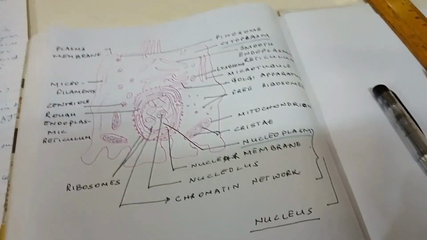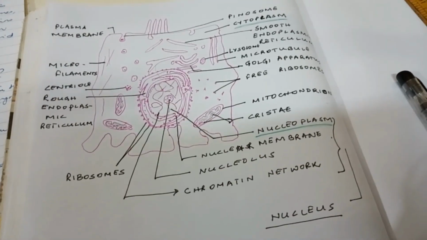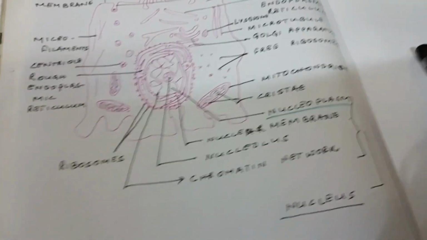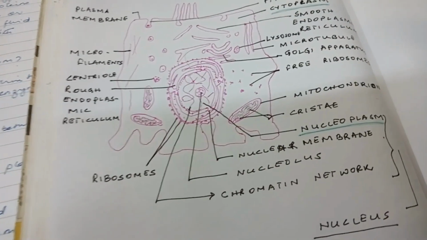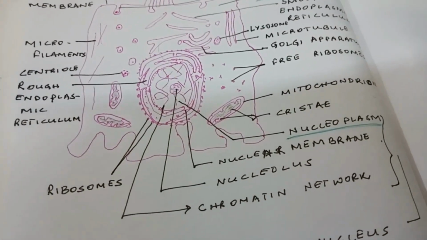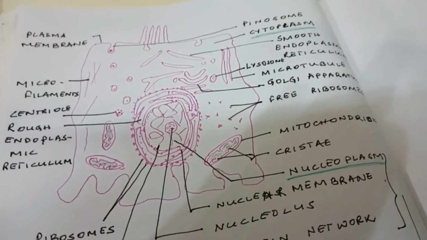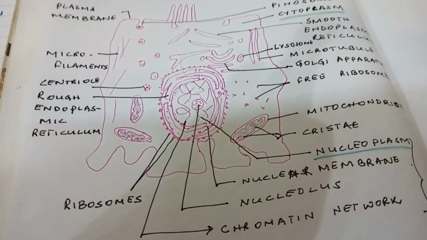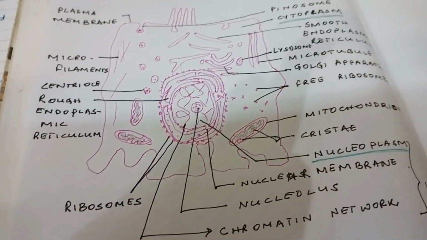We come back to the structure of the cell, and we'll continue. The movement of the cytoplasm, or the streaming movement, is also known as cyclosis.